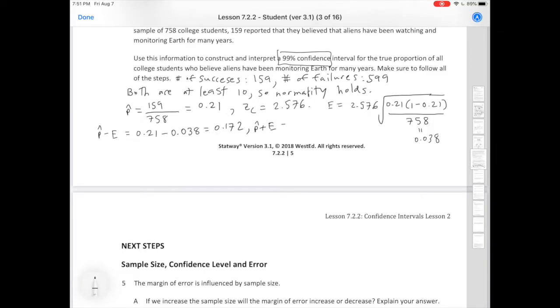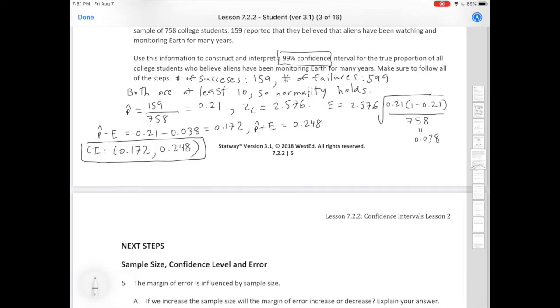And if you do p hat plus e, you get 0.21 plus 0.038, I get 0.248. So this is our confidence interval, is from 0.172 to 0.248. Okay, so this is our confidence interval.